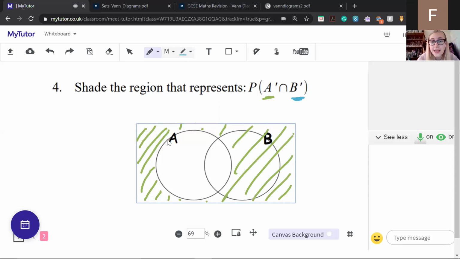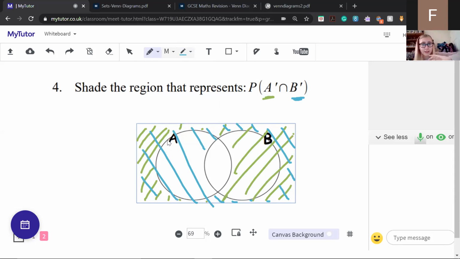And not B is everything outside of this circle of B, right? So we'll shade that in another colour. So think about these as two distinct things. All the green there is not A, and all the blue there is not B. Hopefully that bit makes sense.